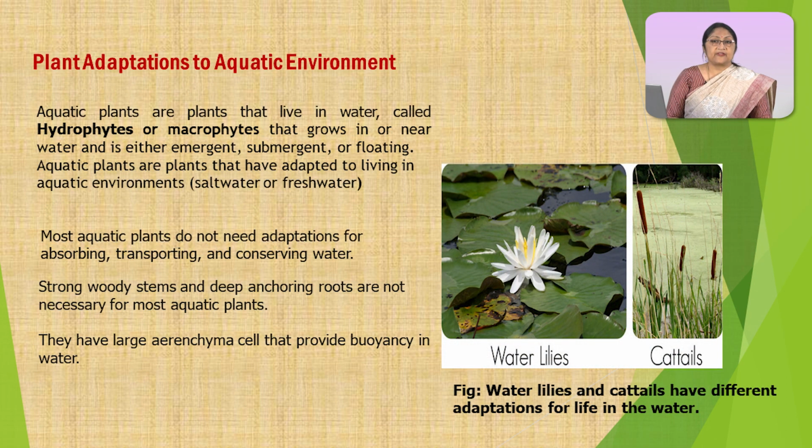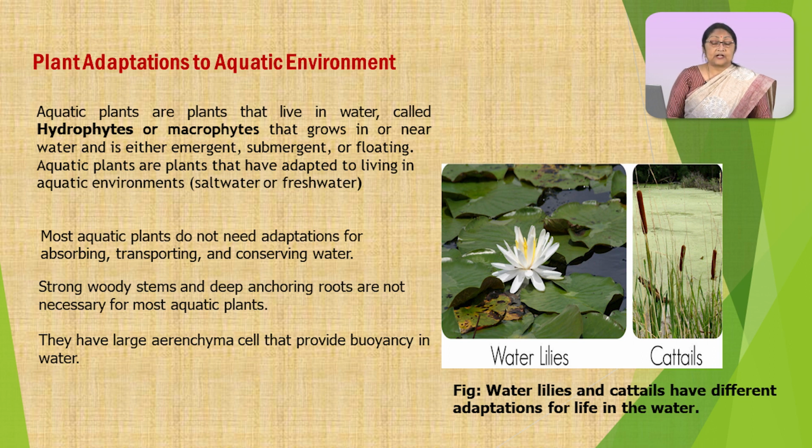So there are multiple ways a plant can adapt more specifically to its environment. Plant adaptation depends on the type of environment they live in, the nutrient supply available to them, and the protection the plant needs against any predator.